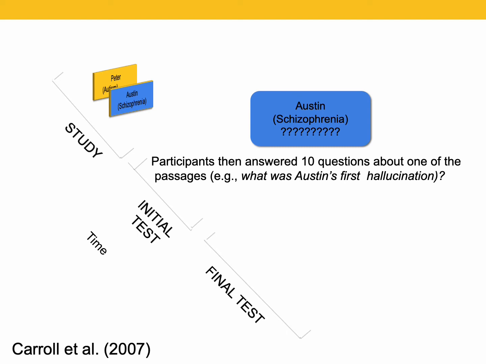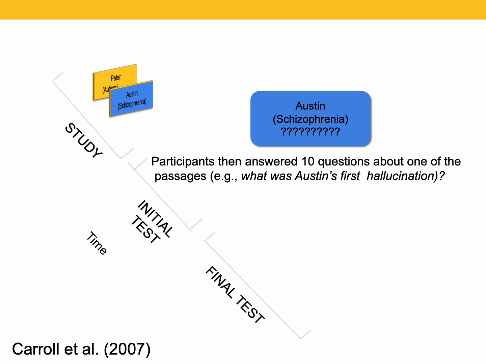Okay, so if you recall, right, there's a total of 20 questions worth of information in both passages, right? So what they've done for that initial test is they've taken one of the passages and tested participants on half of the questions, right? So hopefully you're tracking this with me, right? What would our predictions be on a final test, right?